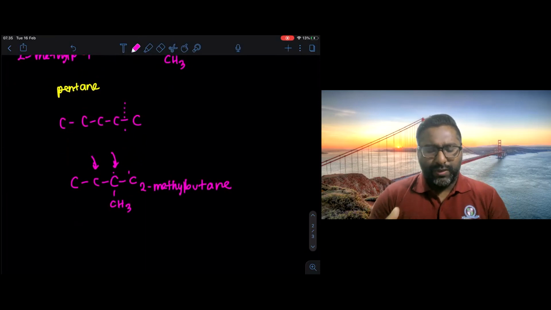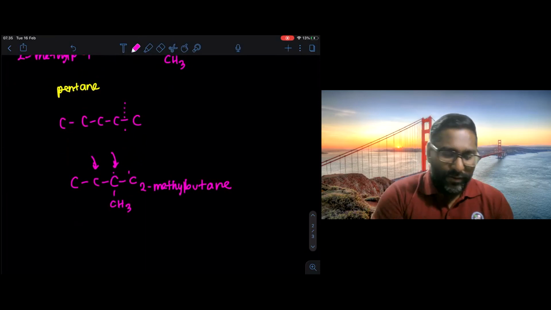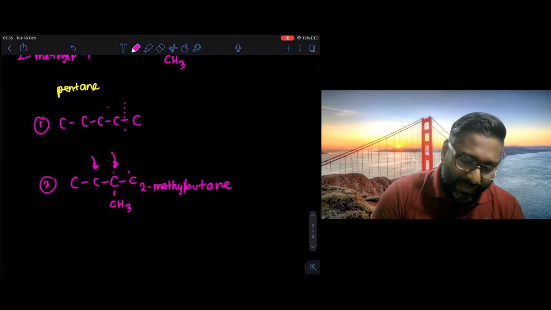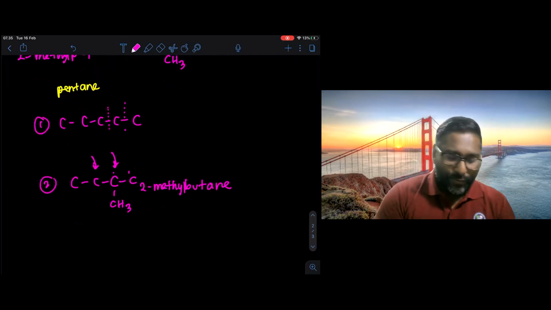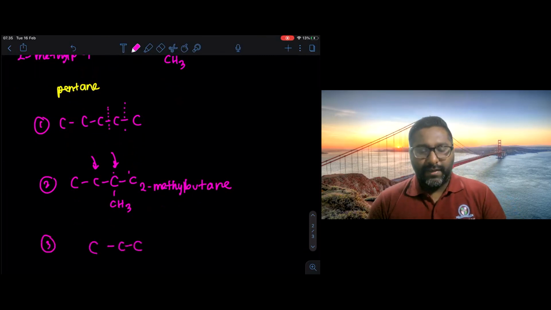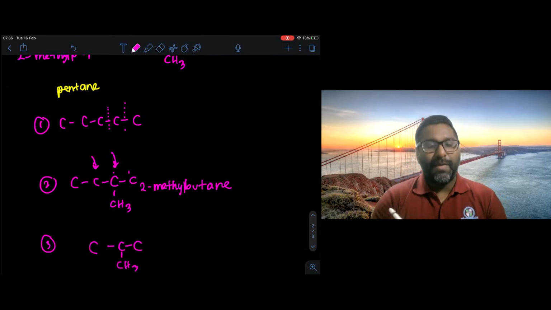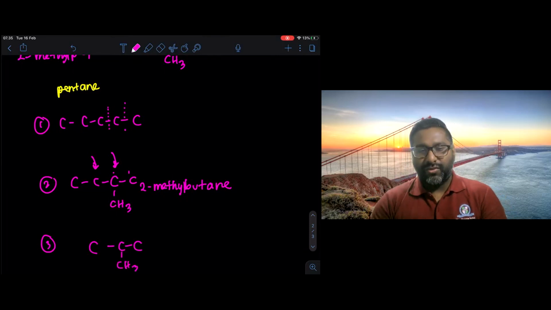And we need to think about what else happens. We can still break another one. So you have 3 carbons, and one of the CH3 stays in the middle, and for the other CH3, make sure it goes to the middle, not to the end.